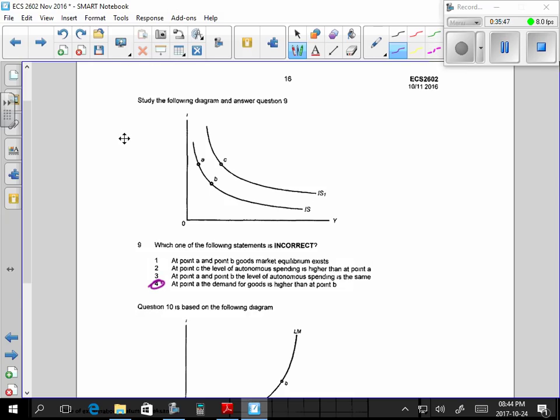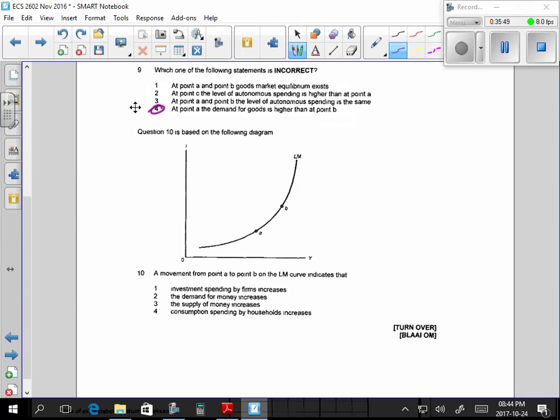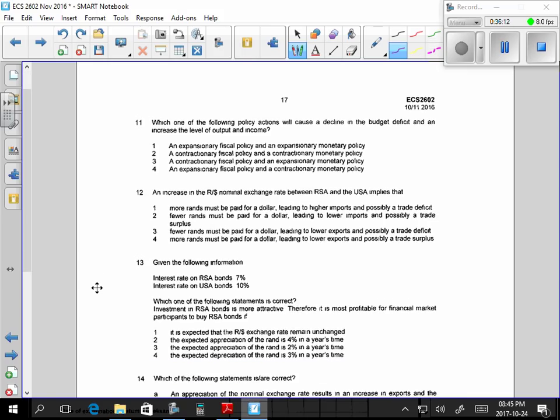Question 10. A movement from point A to point B on the LM curve, option 2, indicates that the demand for money increases. Question 11. Which of the following policy actions will cause a decline in the budget deficit and an increase in the level of output and income? It would be option 3.